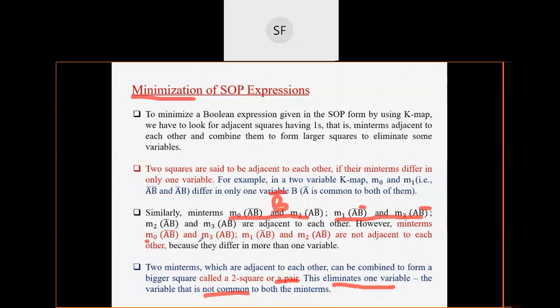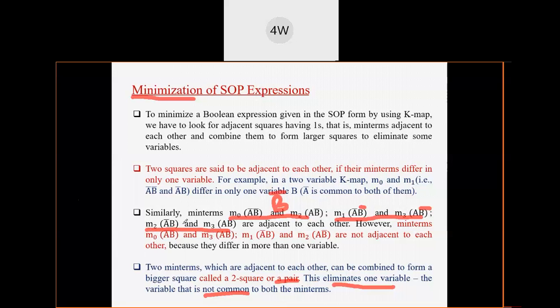Again, suppose I have combined m0 and m3, then which variable will be eliminated? Sorry, not this. Suppose I am combining m2 and m3. Why? Because these are adjacent; m0 and m3 are not adjacent. तो अगर मैंने m2 और m3 combine किया तो which variable will be eliminated? Again same, A, right?